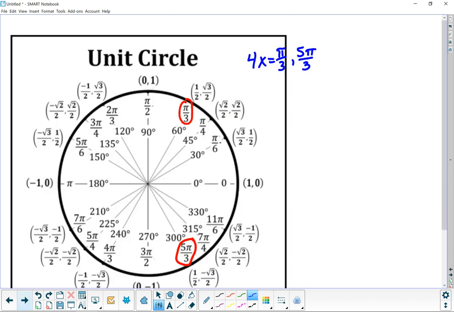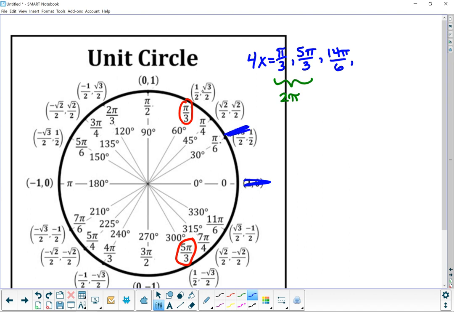Okay, anyway, what you have to do is just count them over again. So the first time, this is all the way around, so that's 2 pi. So these two right here are from 0 to 2 pi. Second answer: 2 pi would be 12 pi over 6, 13 pi over 6, 14 pi over 6.